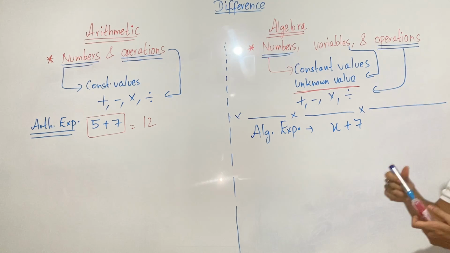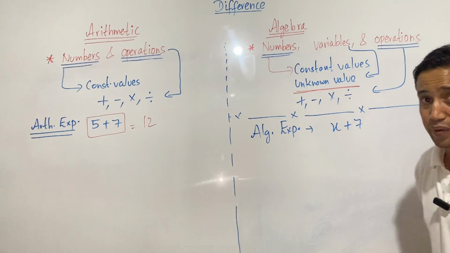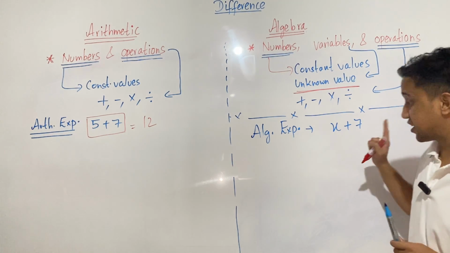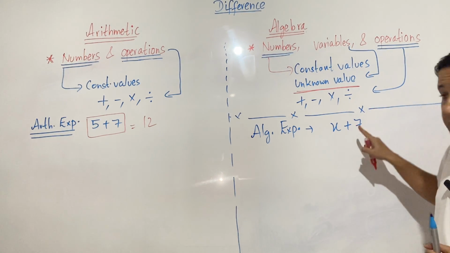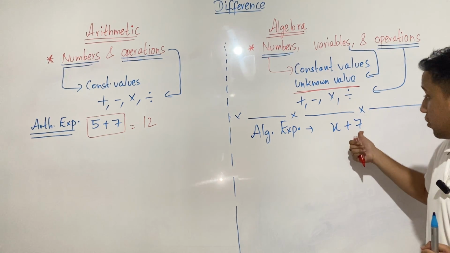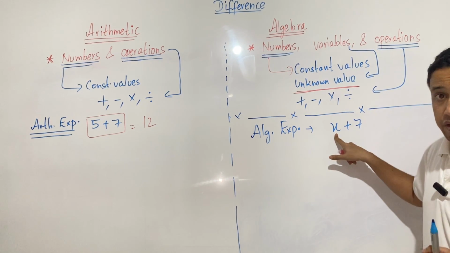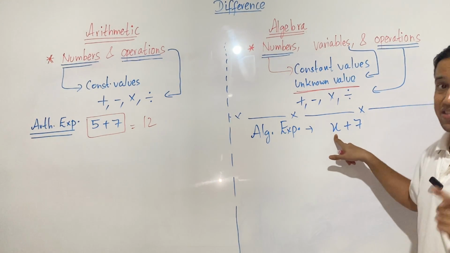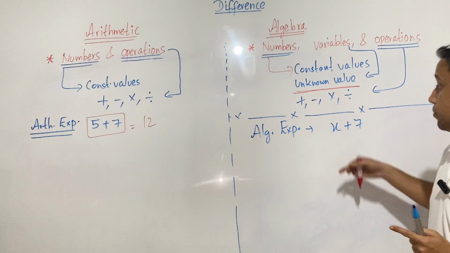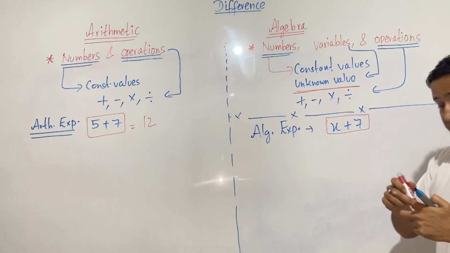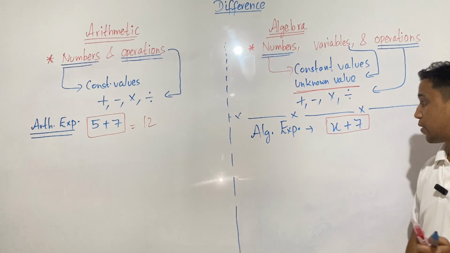First we'll check whether it's an algebraic expression or not. We have two terms in this expression, and in between we have the operator sign plus. One term is constant, the other is a variable, and the minimum requirement of an algebraic expression is that it must have one variable term. So this expression is an algebraic expression.